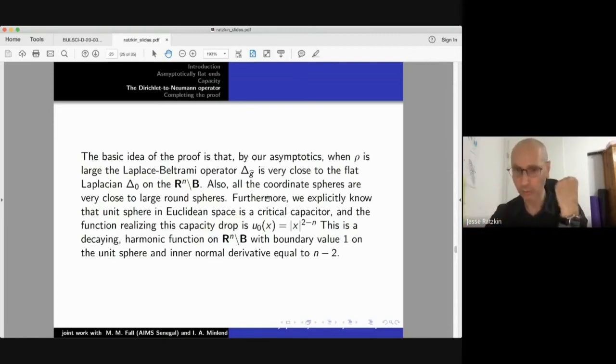My round spheres are critical capacitors, and the function I would choose if I want to realize this capacity drop is exactly the Green's function, length of x to the power 2 minus n. So this is a nice harmonic decaying function with boundary value 1 on the unit sphere. And if I take the normal derivative with respect to the inner normal, I obtain this value of n minus 2.